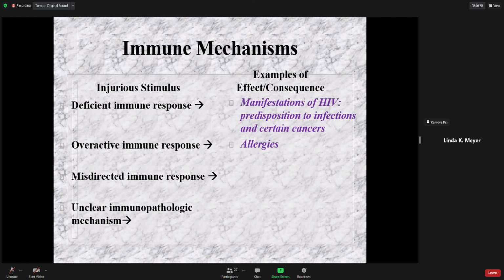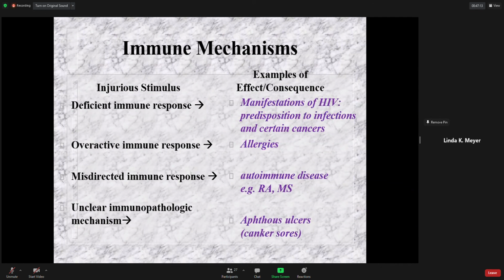Misdirected is when the immune response attacks one's own tissues. So any autoimmune disease would fall under this, such as rheumatoid arthritis, multiple sclerosis, lupus. And then a very common condition in the general population, where the mechanism is not completely understood, are aphthous ulcers or canker sores.